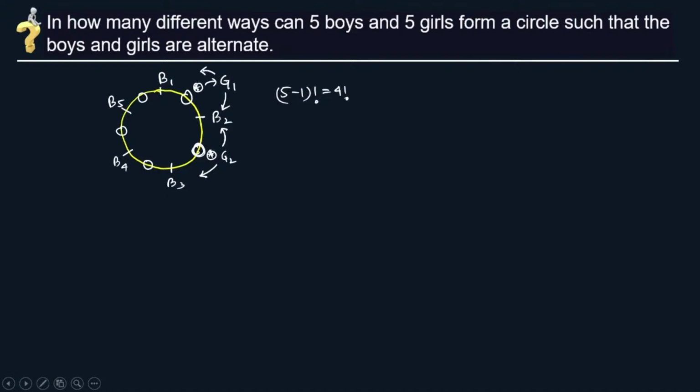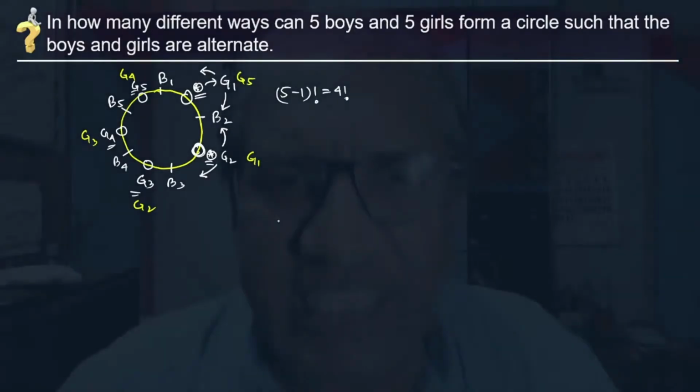Are you getting my point? Suppose here is G1, here is G2, here is G3, here is G4, and here is G5. Now you tell me one thing. Now let them move one seat. Let G1 come here, G2 here, G3 here, G4 here, and G5 here.